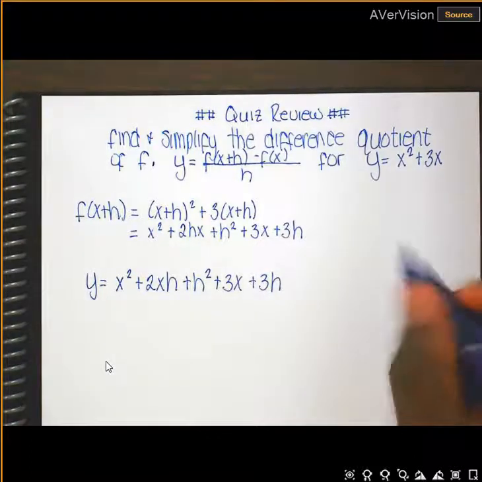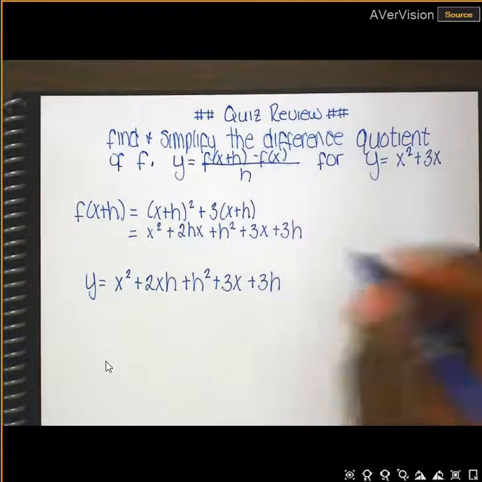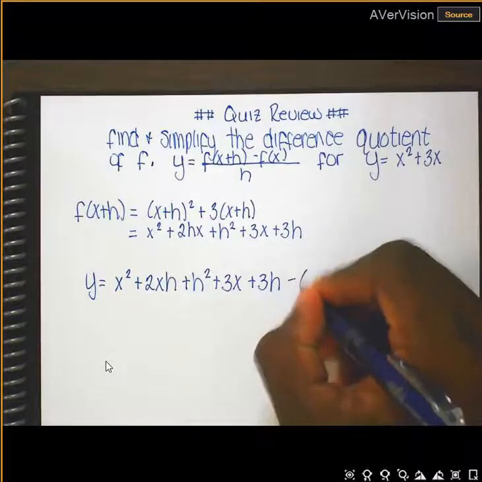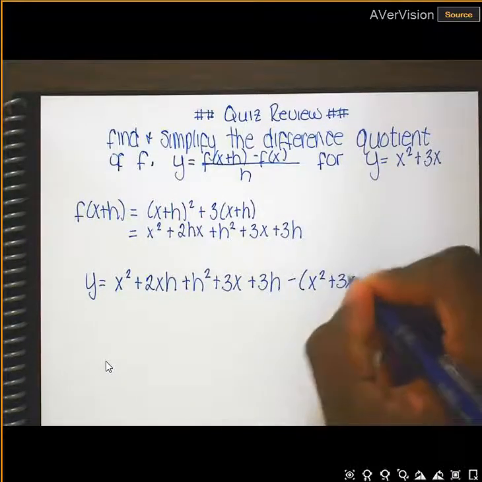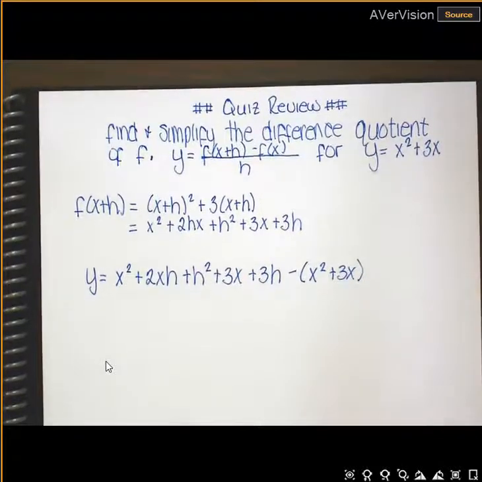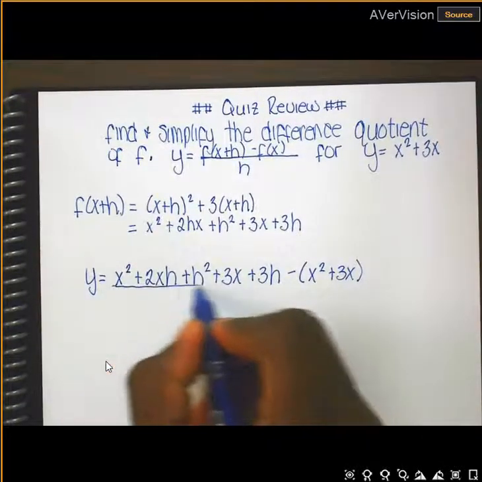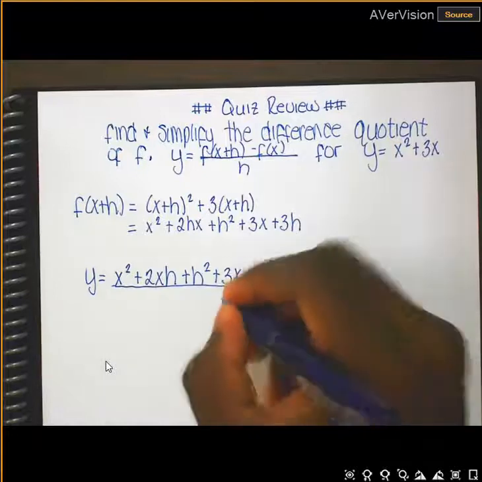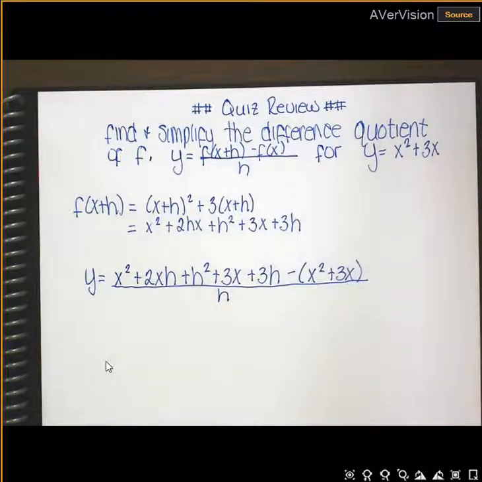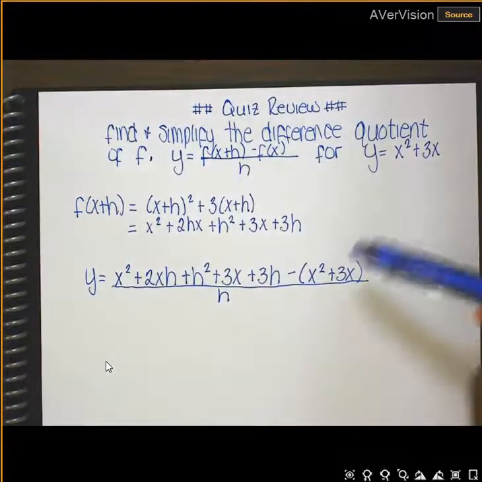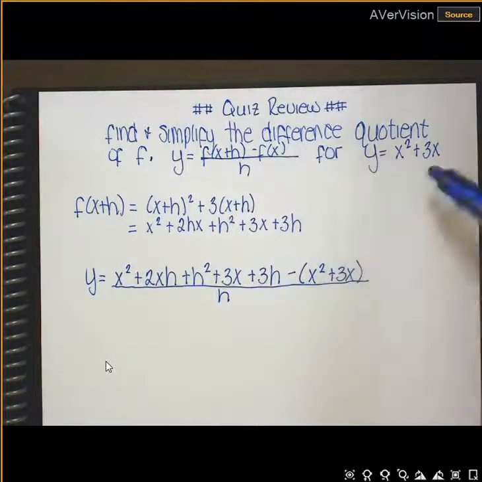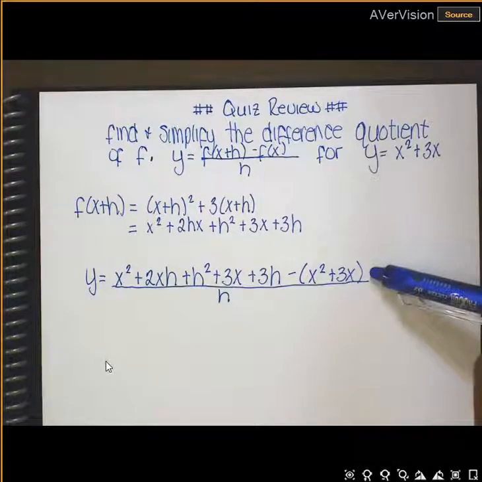All right. And we have minus f of x. F of x is x squared plus 3x, all divided by h. Don't forget that when you write the minus f of x part, you have to put f of x in parentheses.